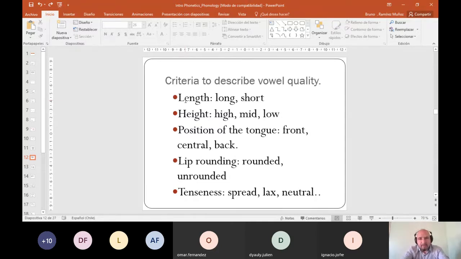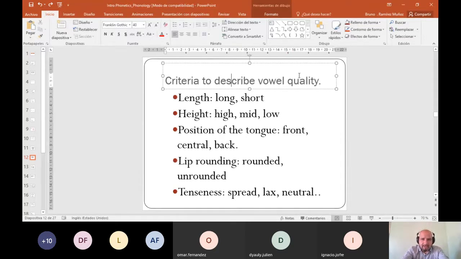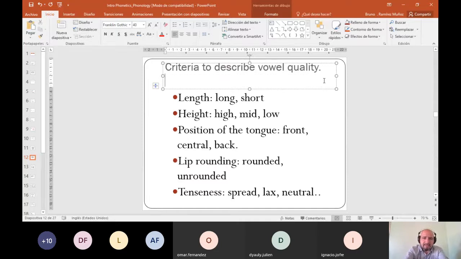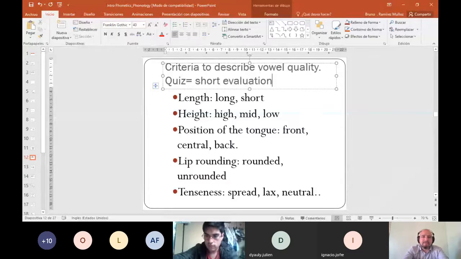Are you familiar with the word quiz? What is quiz? El quiz es una pruebilla, una pruebita, una prueba pequeña. So next week we're going to have a quiz, which is a short evaluation, right? A very short evaluation.